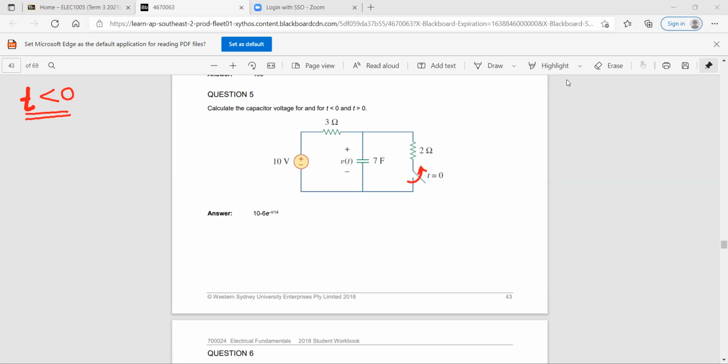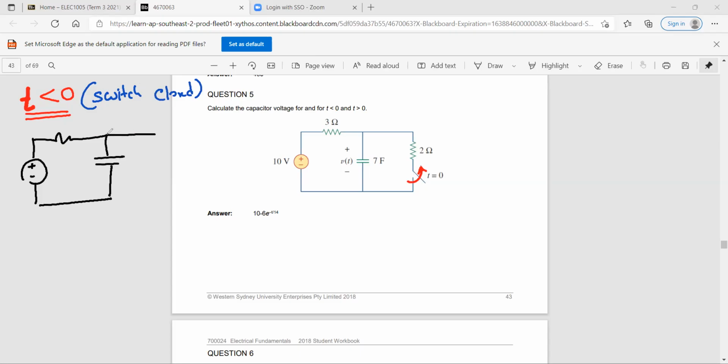Am I right, guys? So your circuit will be this.